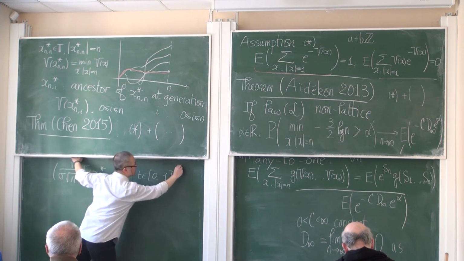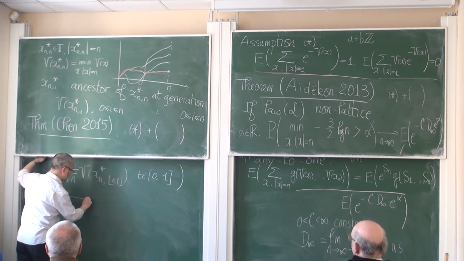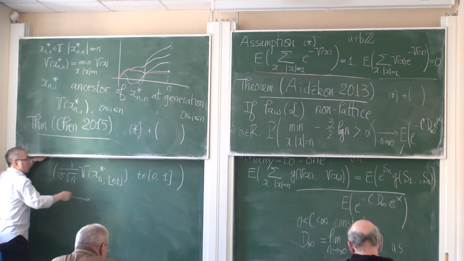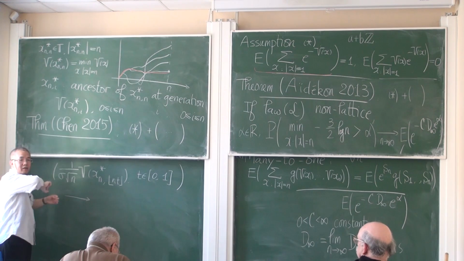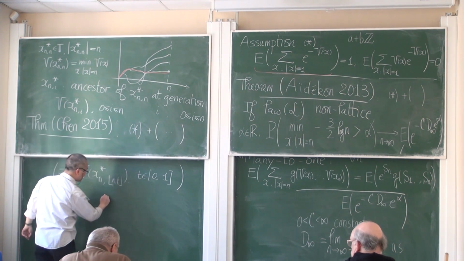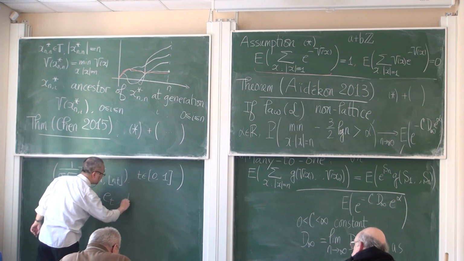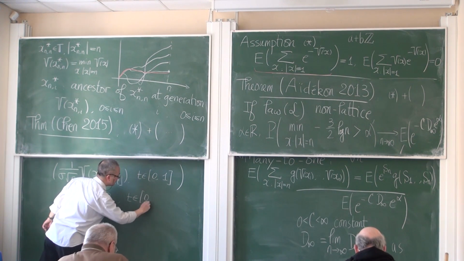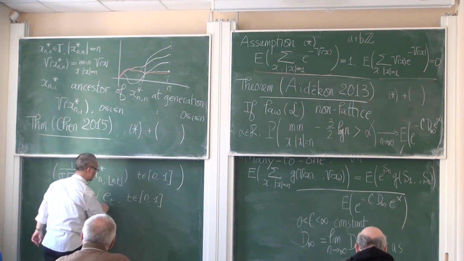I'm going to tell you what sigma is. And this converges weakly. Well, okay, this is discrete. If you want, you can do linear interpolation so that everything will be continuous. So it converges to a very nice random process, which I call E_t.